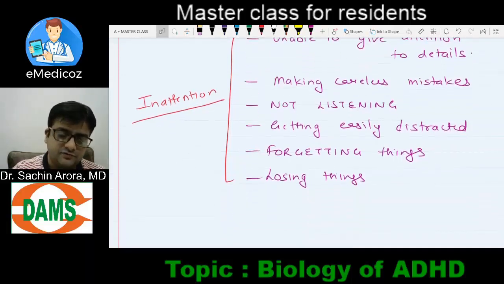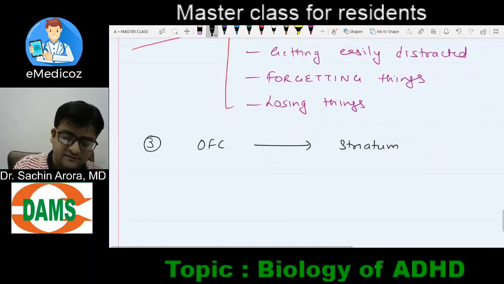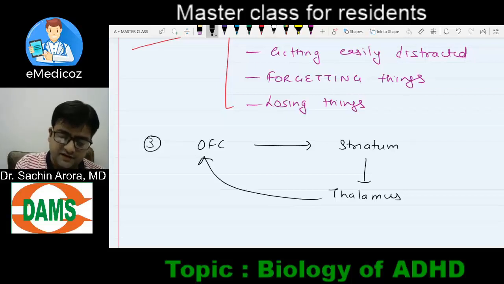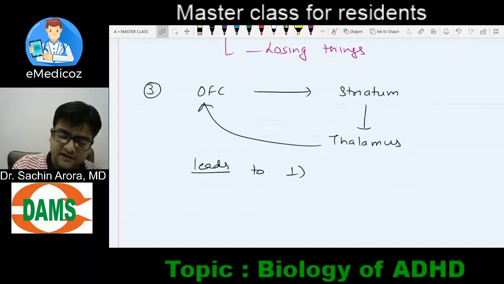Then comes the third loop. It starts from the orbitofrontal cortex to the striatum, again to the thalamus, and back to the OFC. An OFC problem leads to impulsivity. What do you mean by impulsivity?